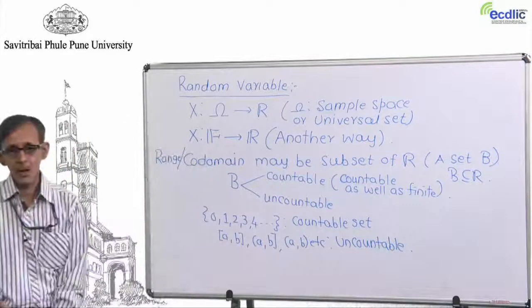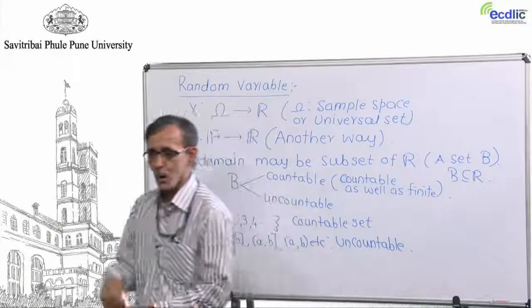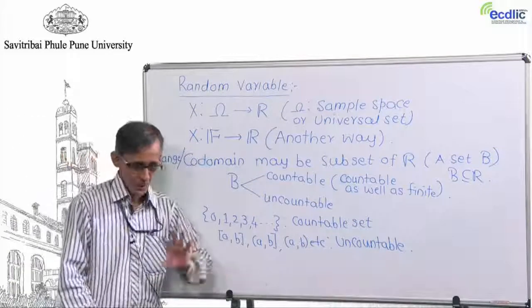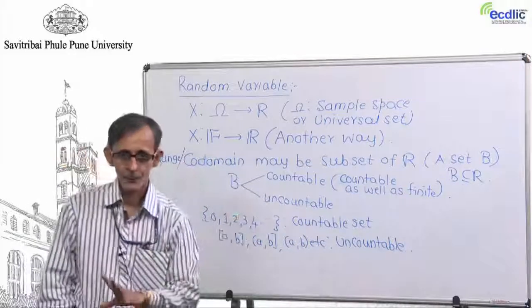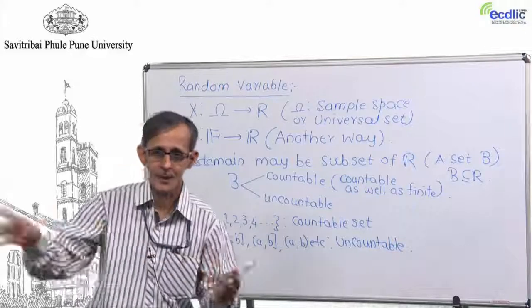What I mean by uncountable or countable in simple language is that a set is said to be countable if there exists a one-to-one correspondence from the set of natural numbers to the set, and that is what we call in reality counting: 1, 2, 3, 4, 5, 6, 7, 8.